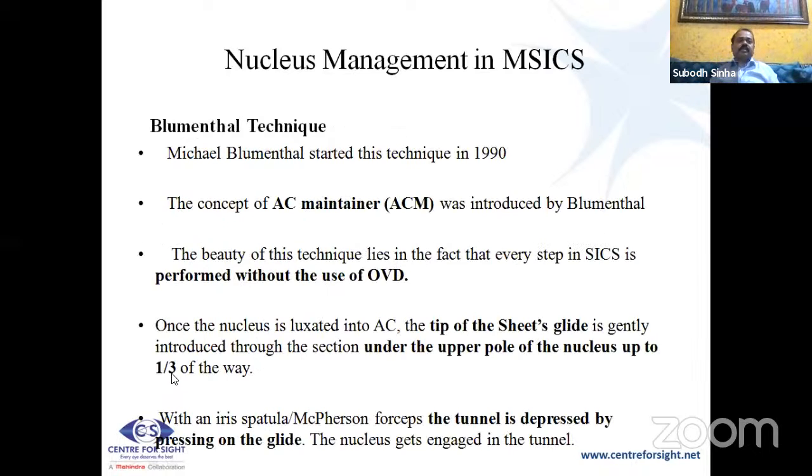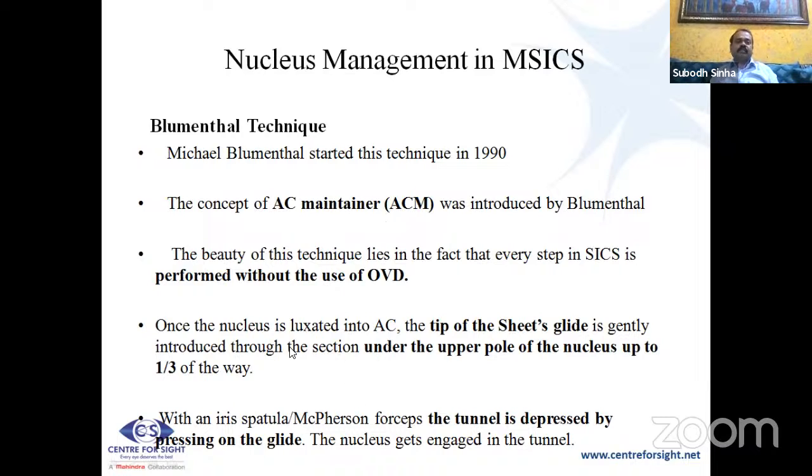So Blumenthal introduced this technique of mini-nuc way back in the 1990s. He introduced the concept of the AC maintainer. One of the beauties of this surgery is that you can perform it without the use of OVD because the AC maintainer maintains the anterior chamber throughout the surgery.